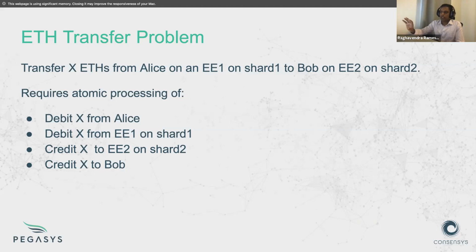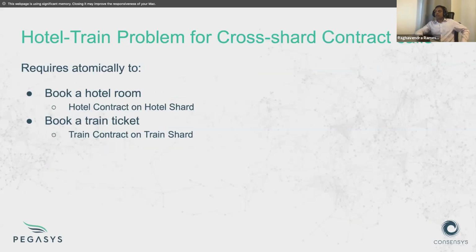So this illustrates that the transfer comprises two separate transfers. One is at the user level, the other is at the EE level. Okay. So in terms of contract calls, the hotel train problem is a representative problem to showcase cross-shard contract calls.